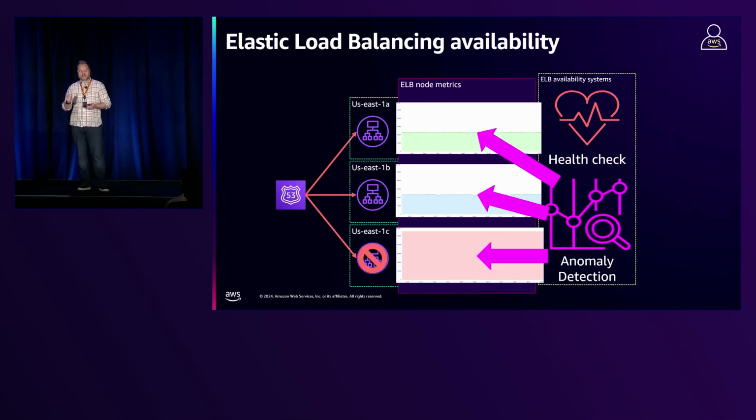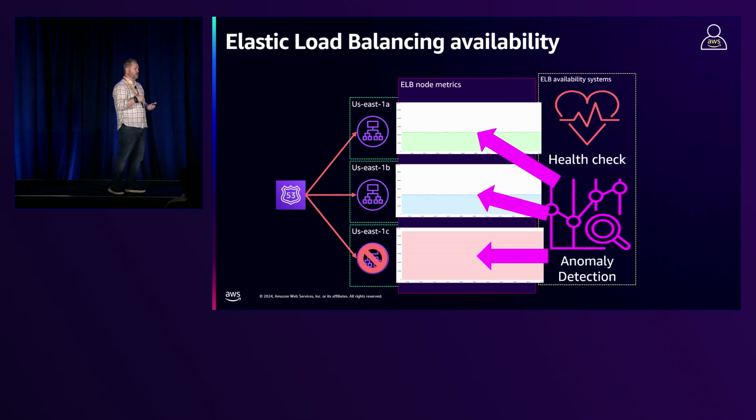We have another system that looks at the node's performance across its peers. We take all of the nodes in a load balancer and say, which one of you has any outlying metrics? If it's a metric that means you're having a problem, like maybe higher ELB 5XX or higher unhealthy host count, then we'll proactively and gracefully remove that IP from DNS and add a new node to replace it.